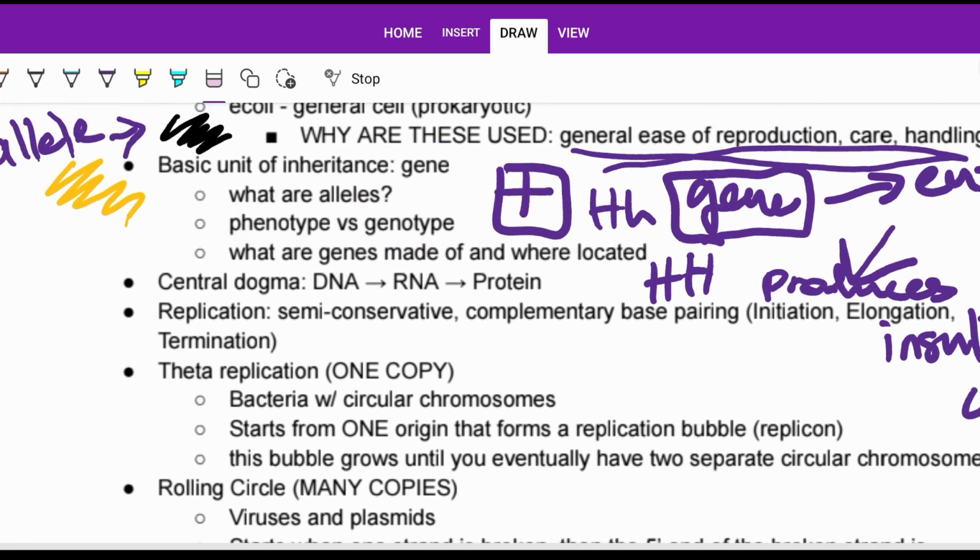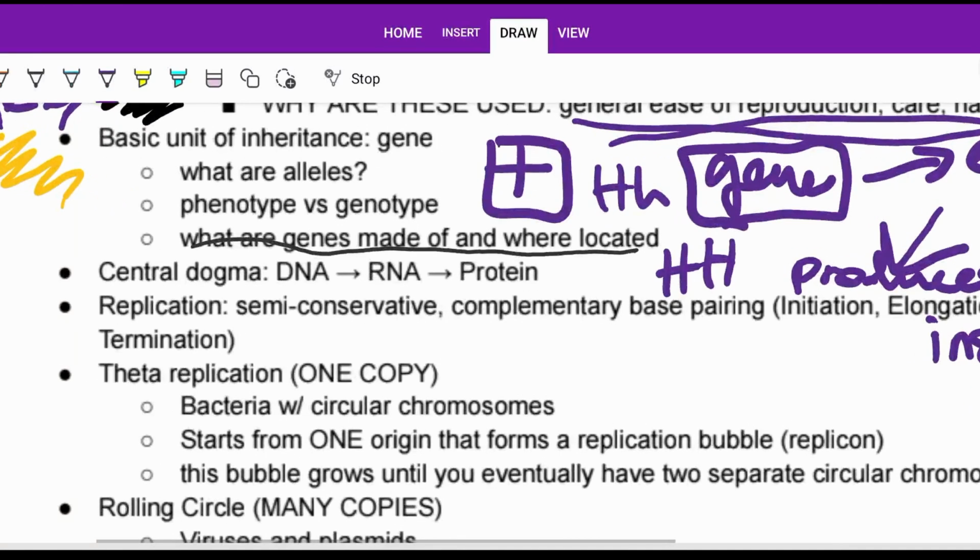So what are genes made of and where are they located? Genes are made out of nucleic acids, which are the subunits of DNA and RNA. That's your 5 carbon sugar with your phosphate and your base, like A, T, G, C. So that's a nucleic acid.